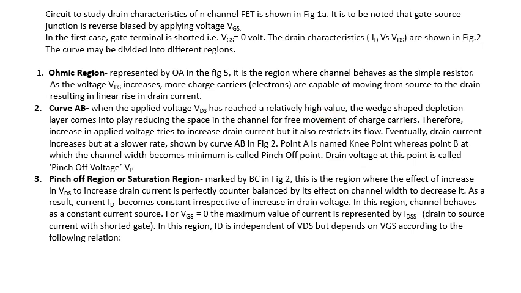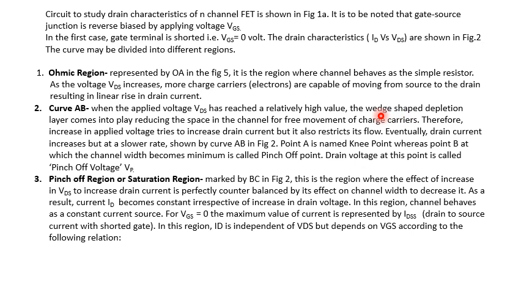So in this region, the increase in VDS has two effects. The first effect is that due to the normal nature of increasing the voltage, the current will try to increase because more electrons will be attracted towards the positive terminal.